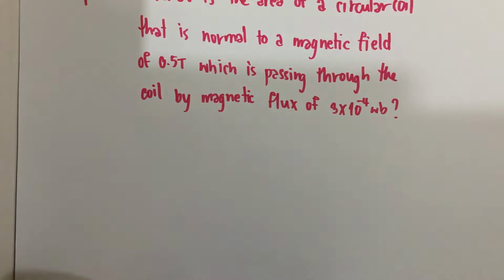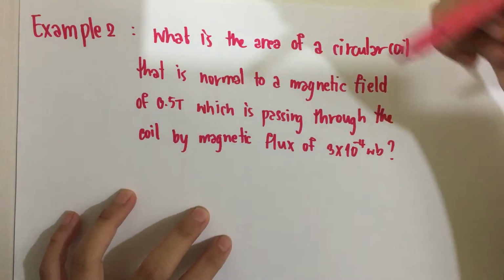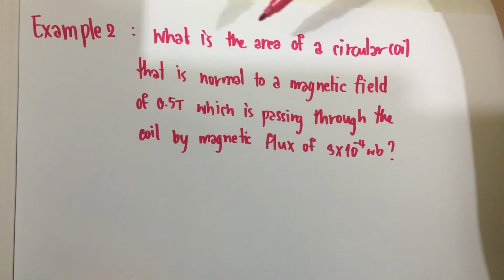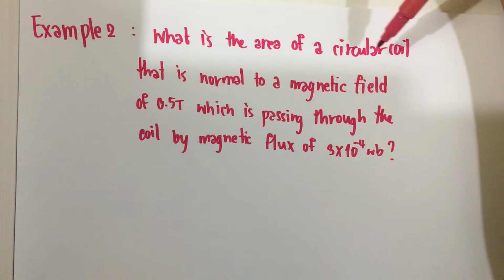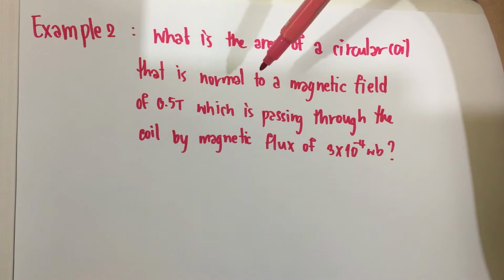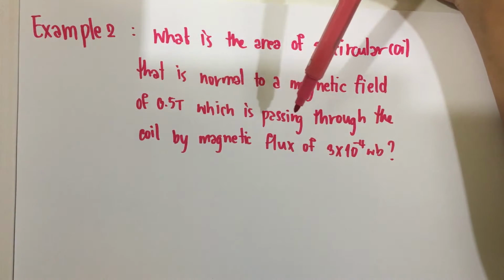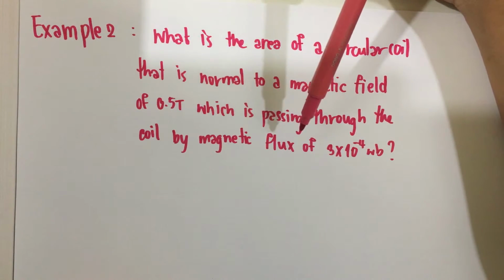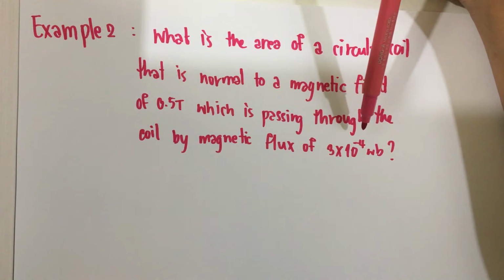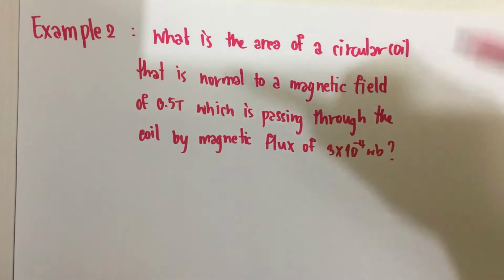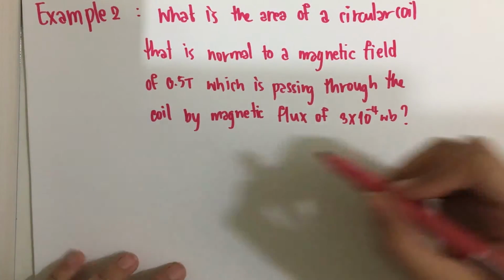Another example. Example 2. What is the area of a circular coil that is normal to a magnetic field of 0.5 Tesla, which is passing through the coil by a magnetic flux of 3 times 10 to the power of negative 4 Weber? First, we write given.